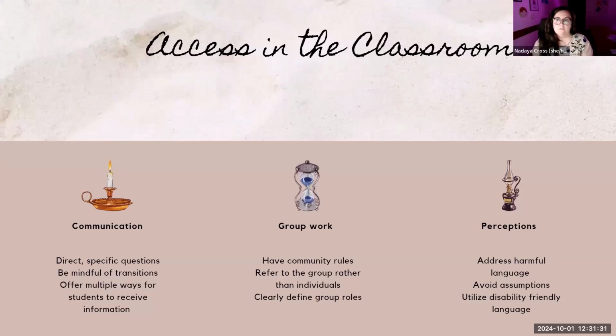So you can use phrases like person first language, which is a person with a disability or a student with a disability, or identity first language, which is a disabled person or a disabled student. There's not controversy, but conversation in the community right now about what is the preferred method. Both are safe, and I use both interchangeably.